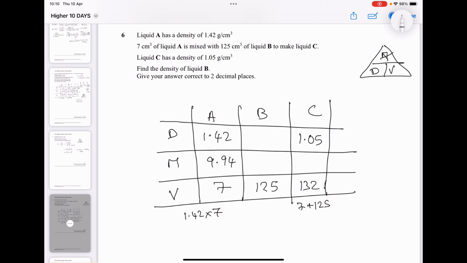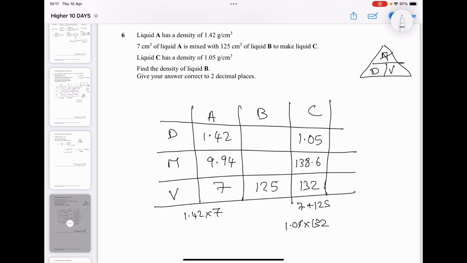However, with C, I can do 1.05 times by 132, which is 138.6. So I've now got the mass of C.